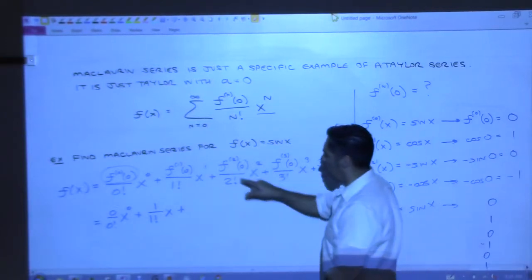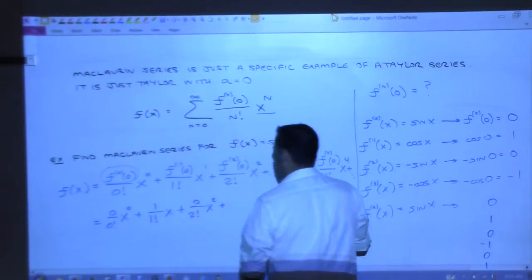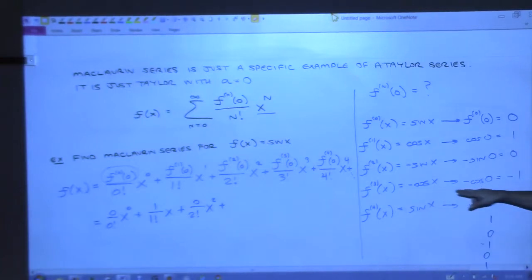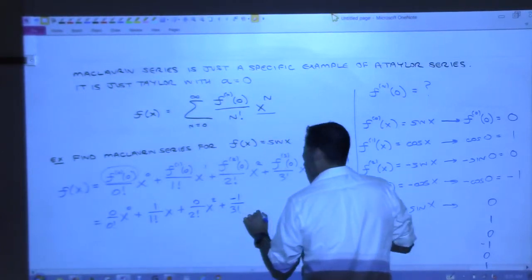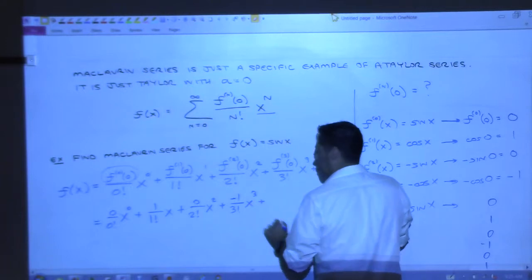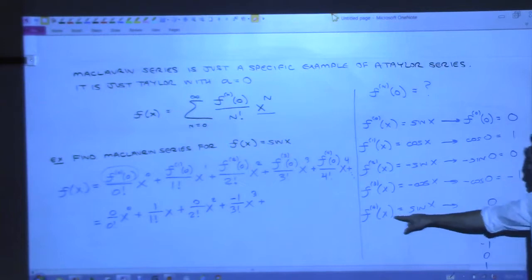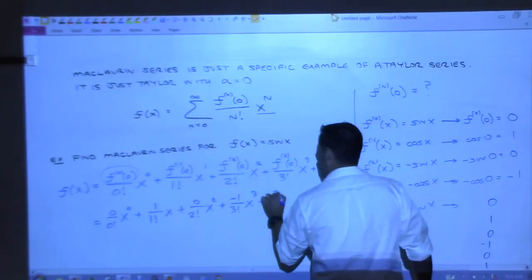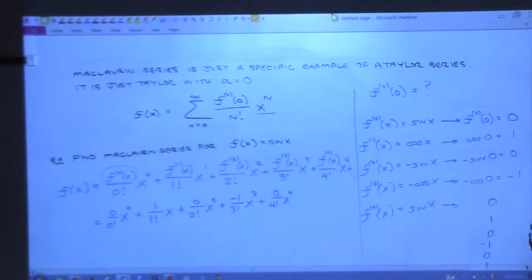So this is 0 over 2 factorial x squared plus the third derivative at 0 was negative 1. So negative 1 over 3 factorial x cubed plus fourth one was 0. So 0 over 4 factorial x to the fourth. Any questions on that? Am I kind of blowing you out of the water here? I'm sorry if I am.